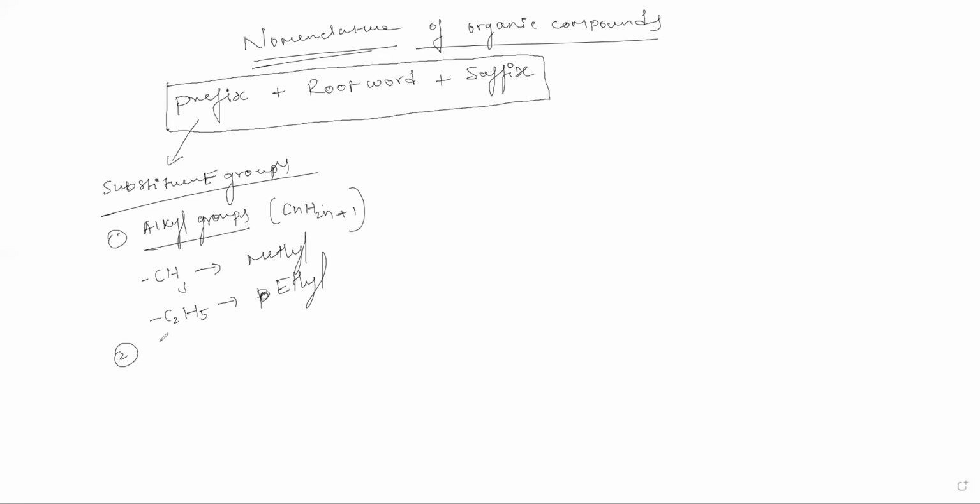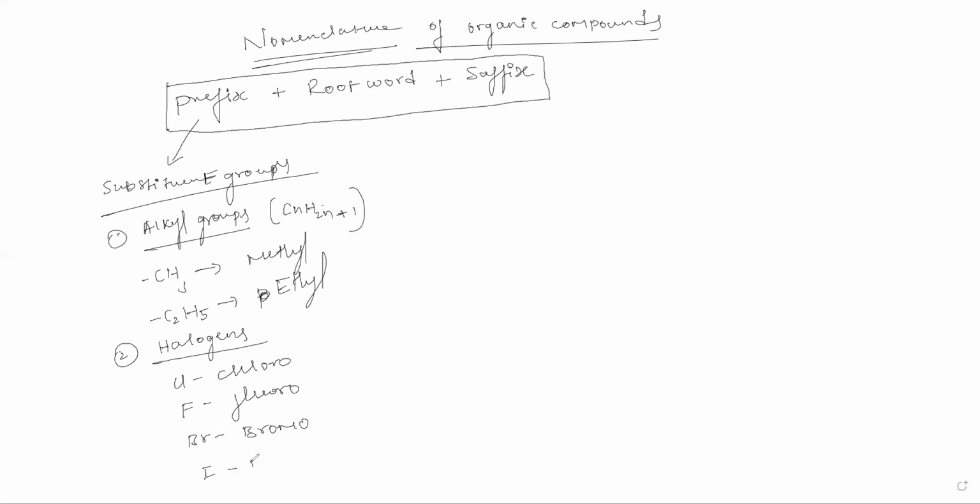If any halogens are present, that also comes under prefix. If Cl is present, chloro. If fluorine is present, fluoro. If Br is present, bromo.